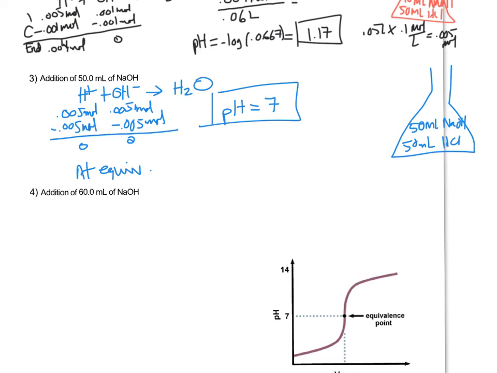All right, and what if I keep adding base to this? So, normally if I had some indicator in my flask, one more drop would have turned it pink and I would have stopped there. But what if I keep adding NaOH? What would my pH probe read? Well, let's see if we can calculate it.